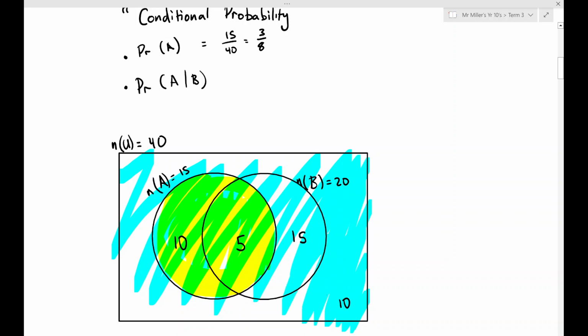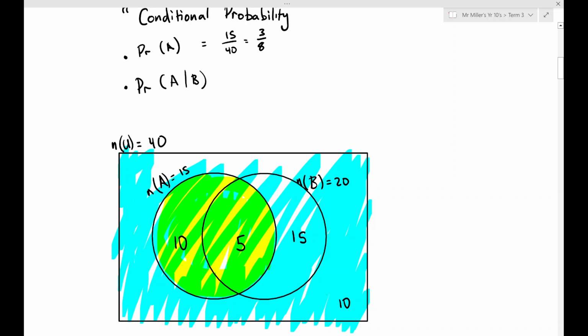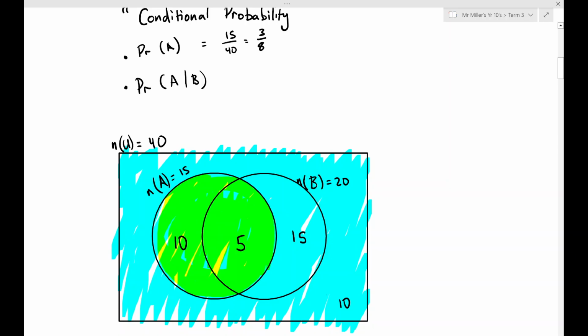So if I ask what's the probability of A, the way we determine that is the number of students in the set A out of the total number of students in the sample space. The probability of A looks a bit like this: what's green out of everything else. So it's 15, 10 plus 5, out of that total of 40.